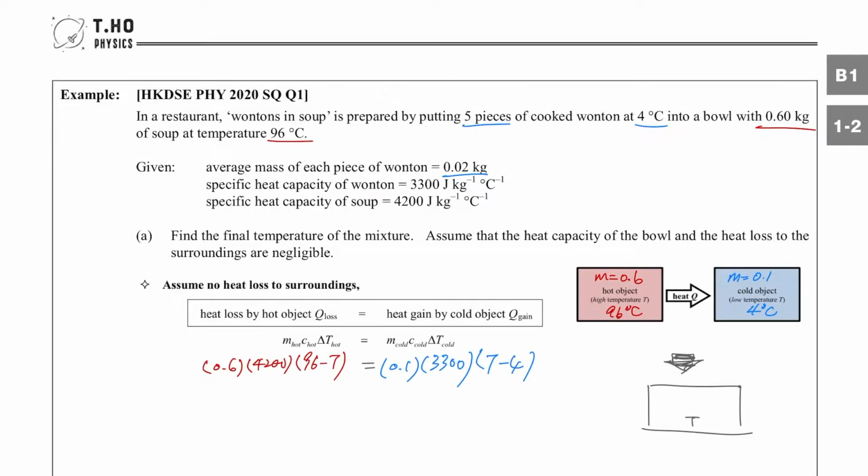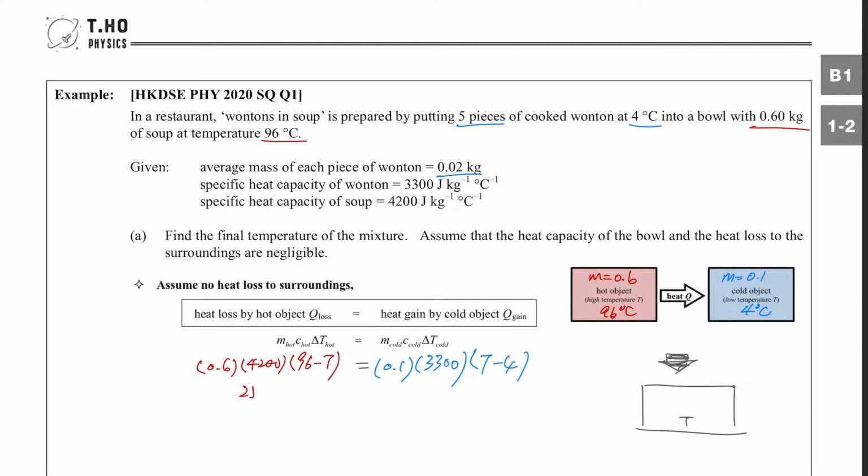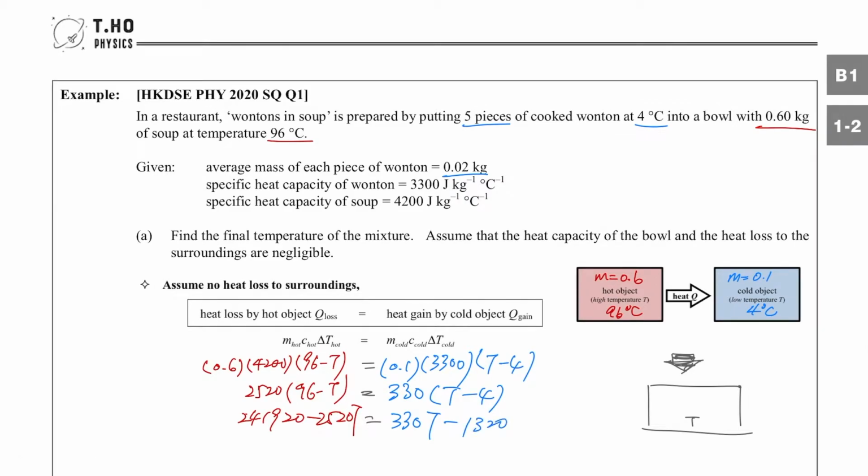So we can simplify it. On the left hand side, we have 2520 times (96 minus T). On the right hand side, we have 330 times (T minus 4). So on the left hand side we have 241920 minus 2520T, and on the right hand side we have 330T minus 1320.